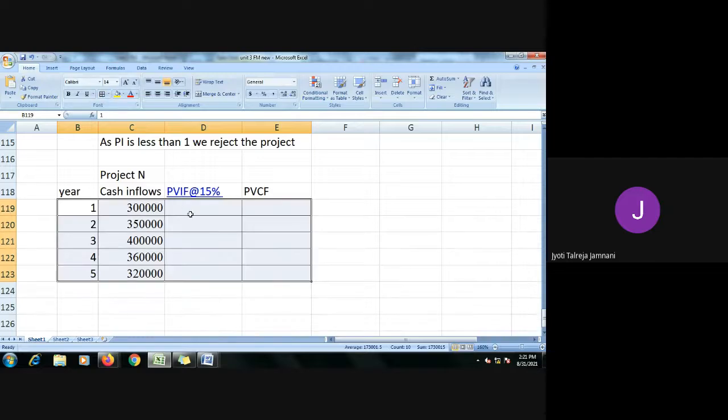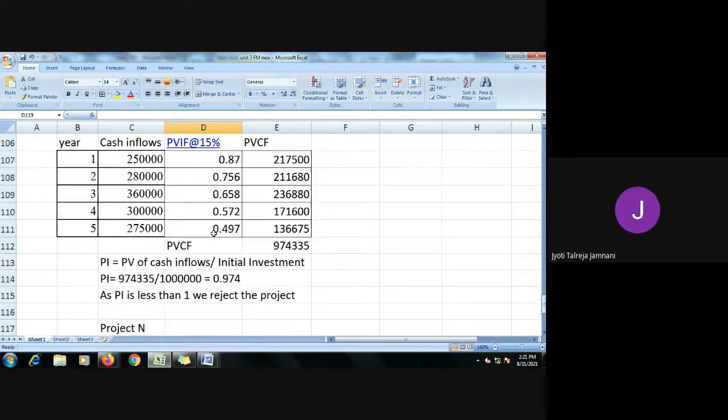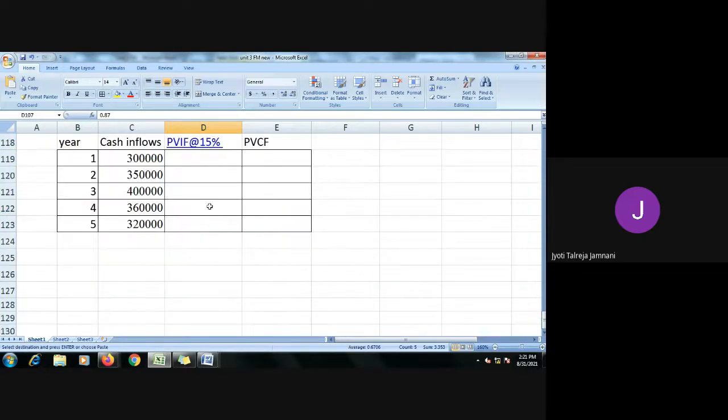Again, we have to see 15% from the table, which we already have here. We have seen it for project M. The same values will be there for project N because the rate is the same, 15%. So now we multiply the cash inflows by the present value interest factor 0.870. You get 2,61,000.